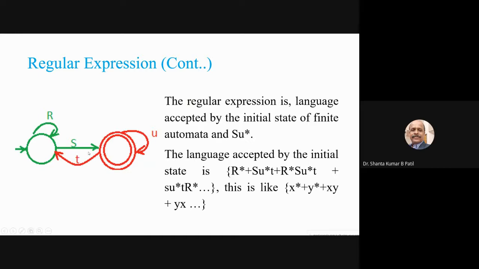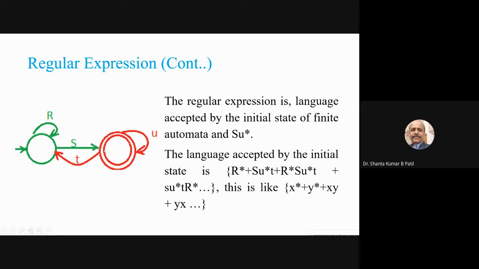Now the regular expression for this finite automata is the language accepted by this finite automata. We don't know what type of language it accepts, but we know the language accepted by the initial state is a set of strings accepted by the initial state.